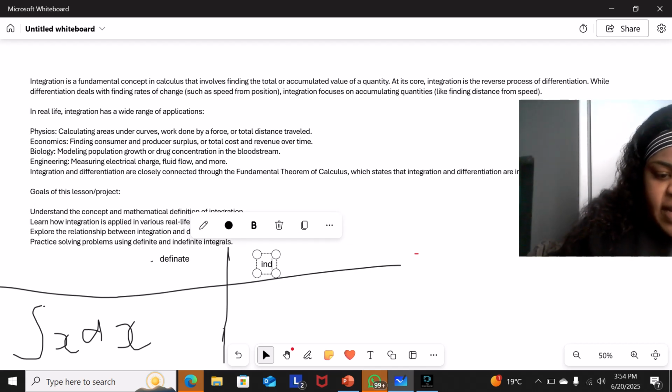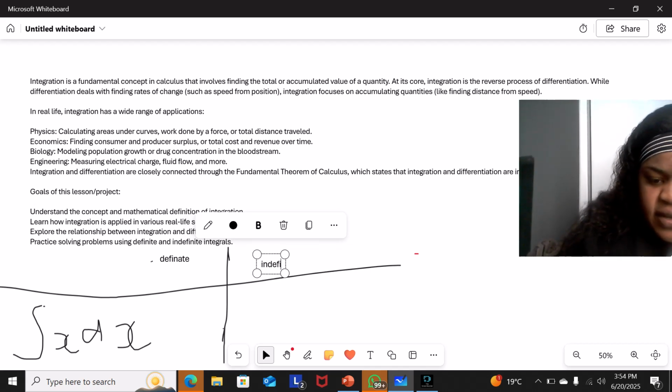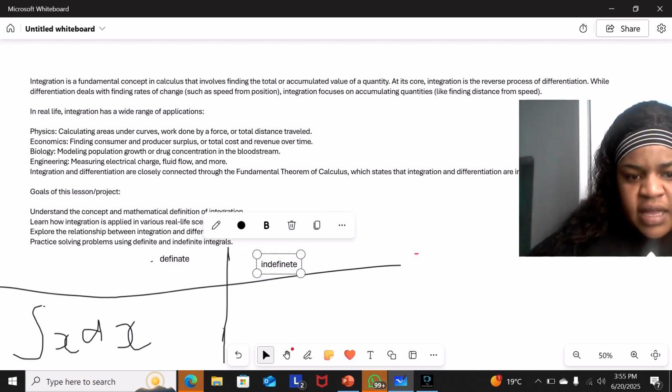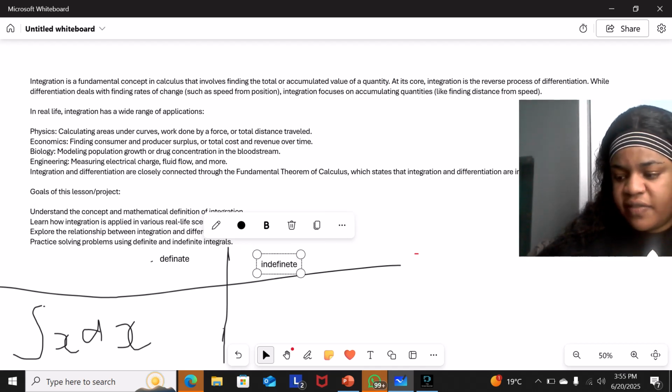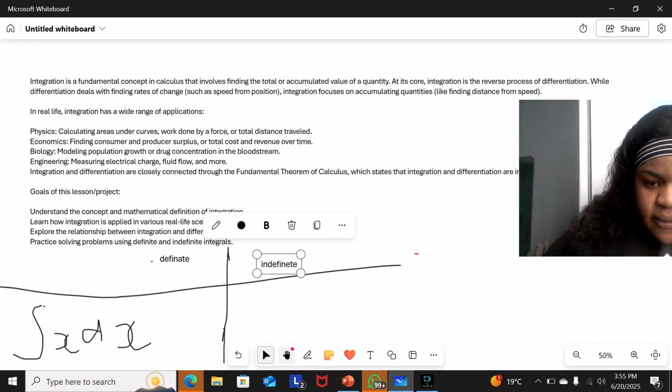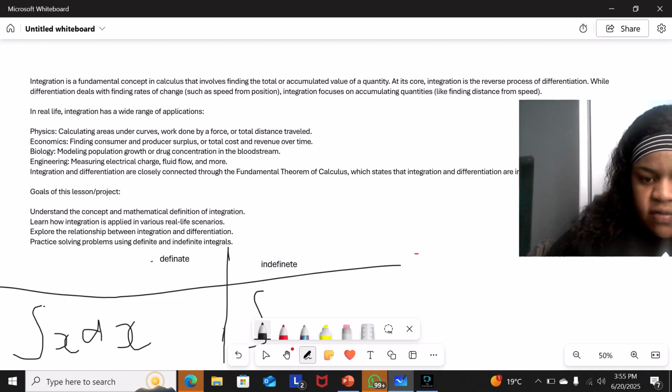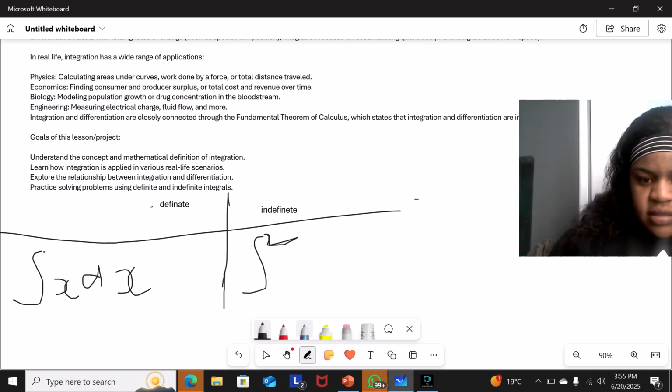And then you also have the indefinite integral, which is the integral of 2, and then 0 under the integral, and then x, my screen is switching off, 1, and then dx.